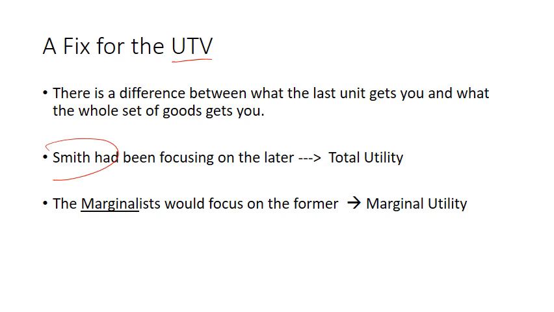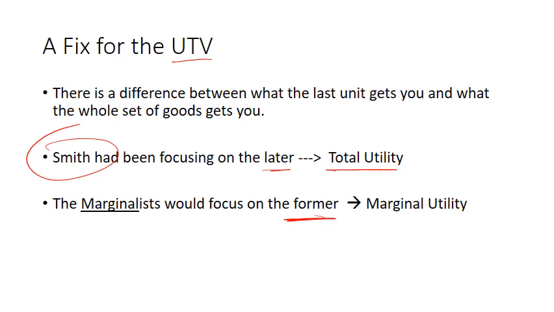Smith had been focusing on the latter. He was thinking about what water was worth to you, as in, do I get water or do I not get water, period. He was not thinking about what the last cup of water was worth to you. If you want to start talking about the last cup of water, then you're talking about the former.